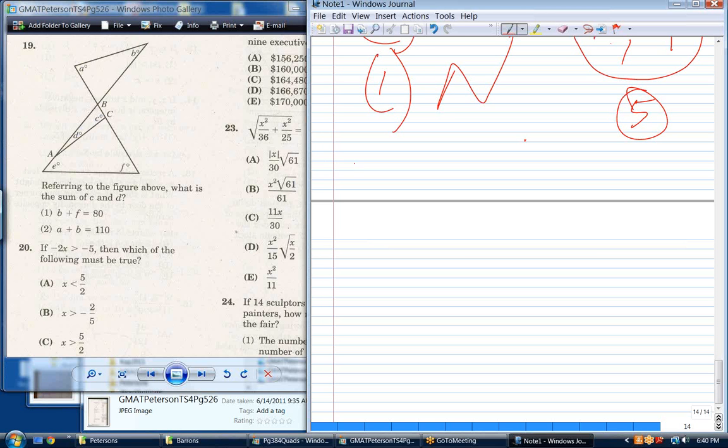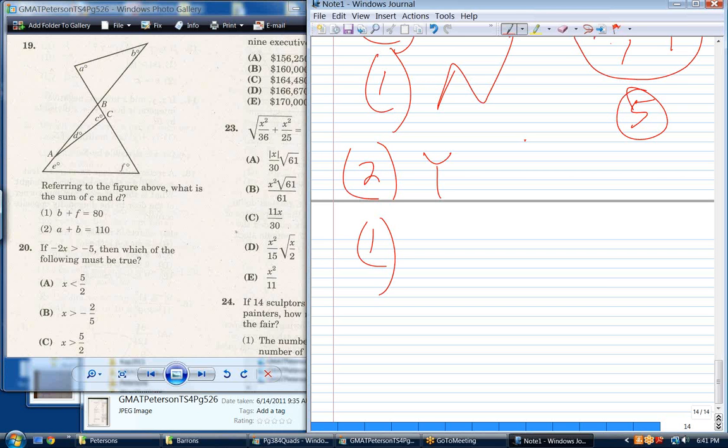Okay, so 2 is a yes. We can answer what C plus D is based on 2 alone. Now we have to look at B plus F alone is 80.